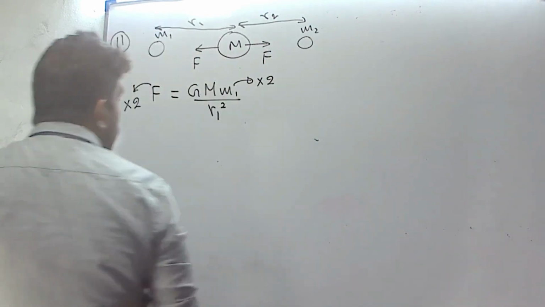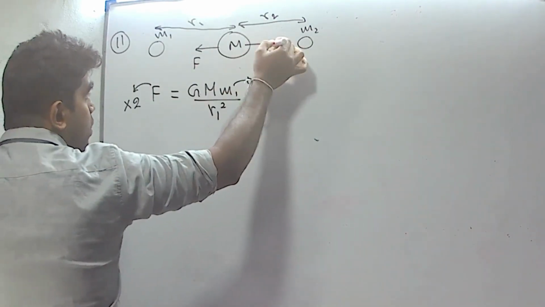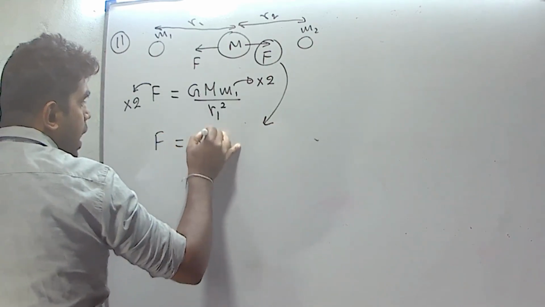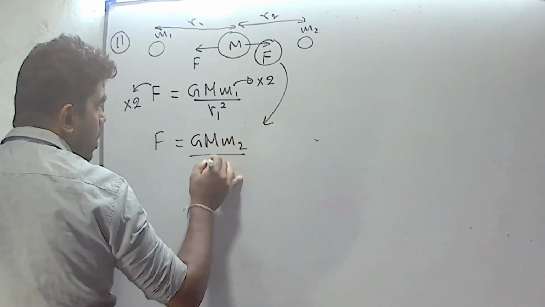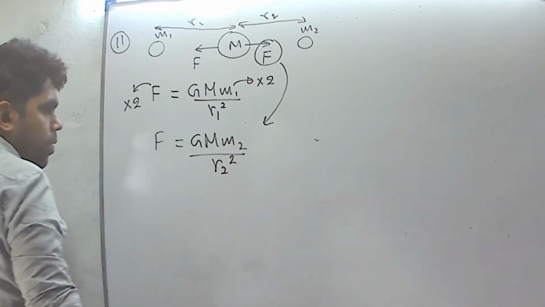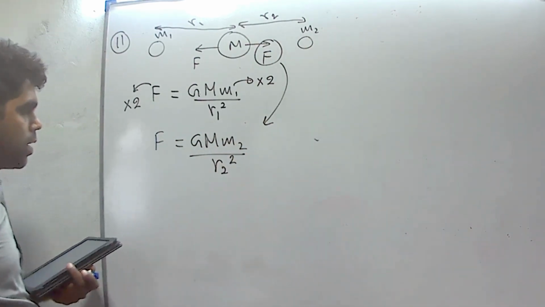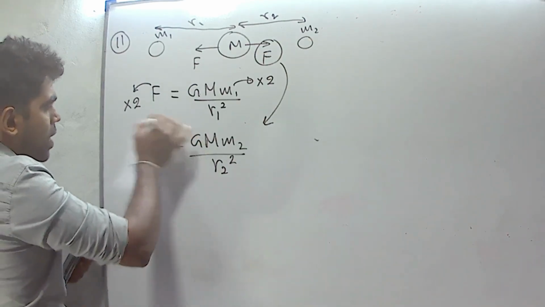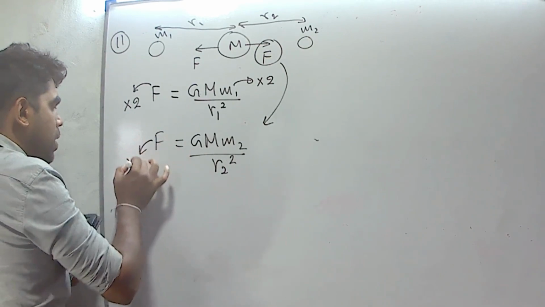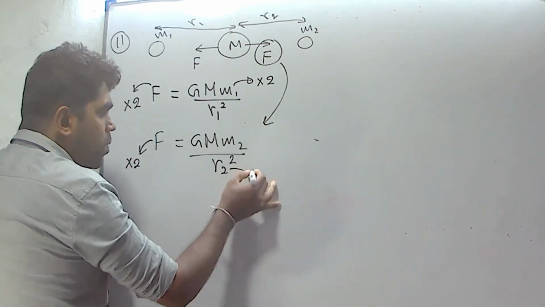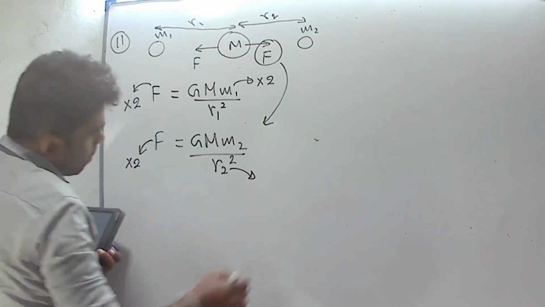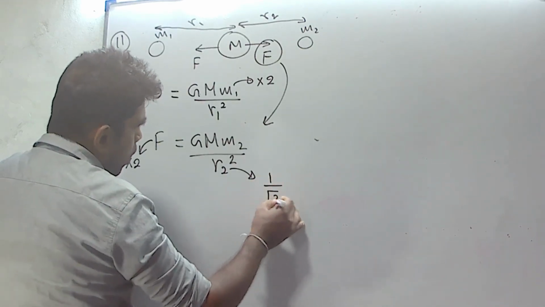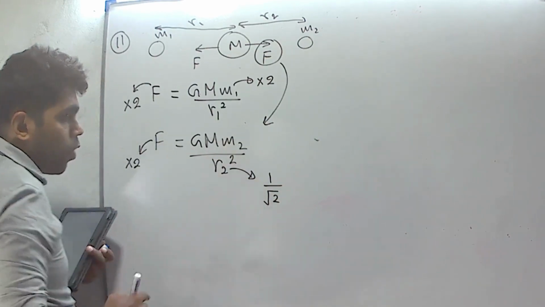Then we can consider this force. F equals G M2 divided by R2 squared. R2 is changing such that F is doubled. When F is doubled, R2 should be 1 over root 2 times, because there is a square term for R2.